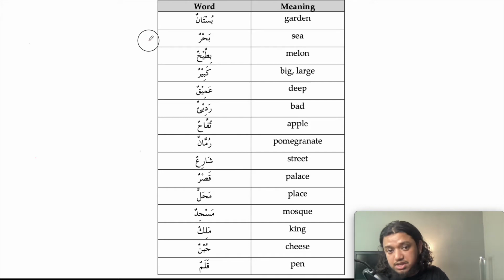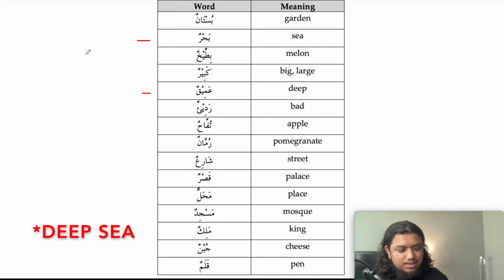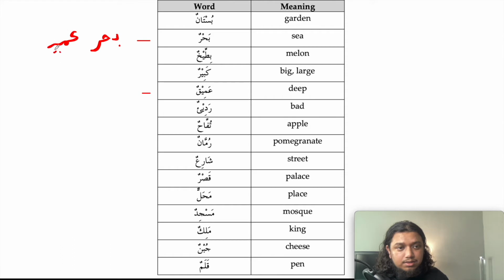So we could say bahrun amiq, which means a deep ocean. Bahrun amiq, deep ocean. Think about that. What is that? Well, there's two words put together, so it's a compound. And amiq is describing the bahr.